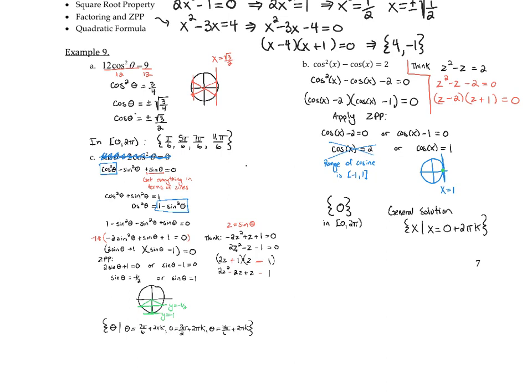The only case I didn't do that on was right here on example A, and I specifically said I'm only giving the answers in 0 to 2 pi. This would have been a rather long general solution set to write, which is why I did that. So I'll freely admit that I was being lazy when I did that. But in general, provide that full solution where you're adding multiples of the period on to the end. So that is quadratic trig functions.